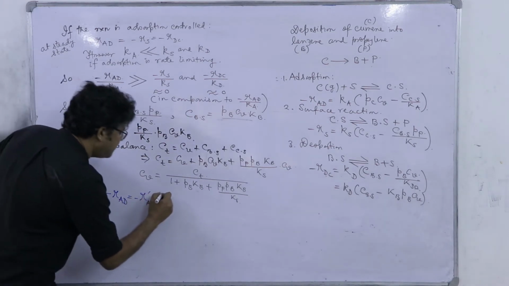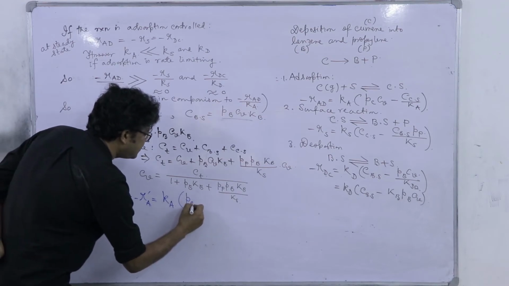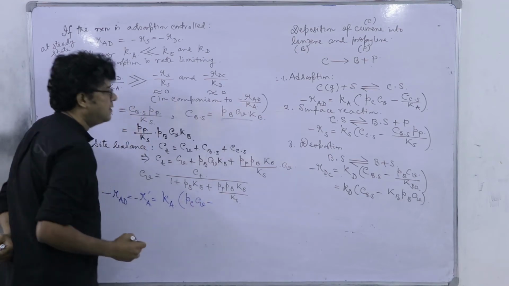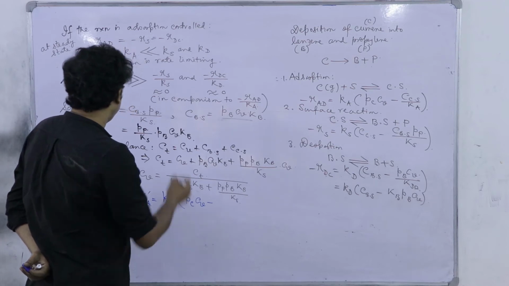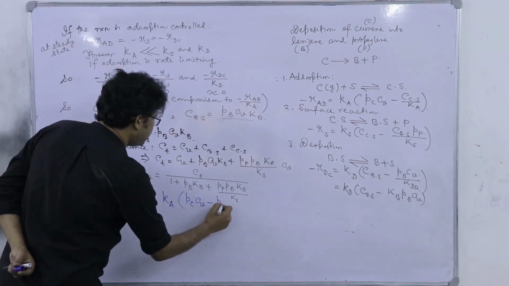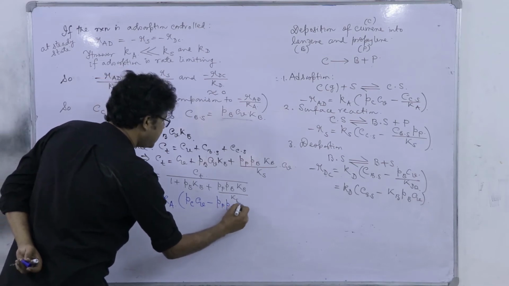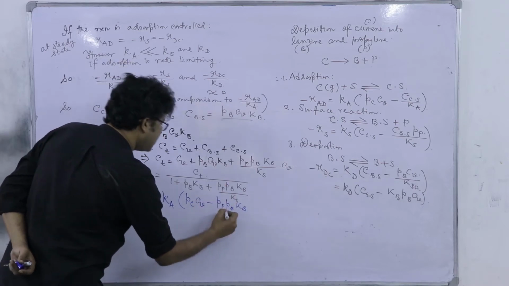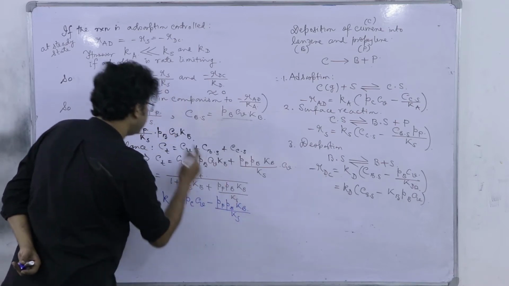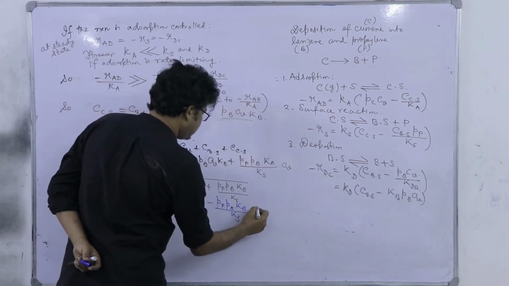It is Ka Pc Cv minus Cc·S. Cc·S is this one, Pp Pb Kb Ks into Cv.